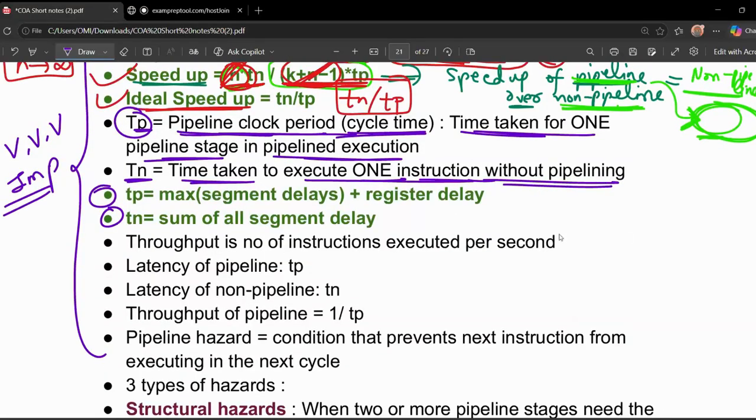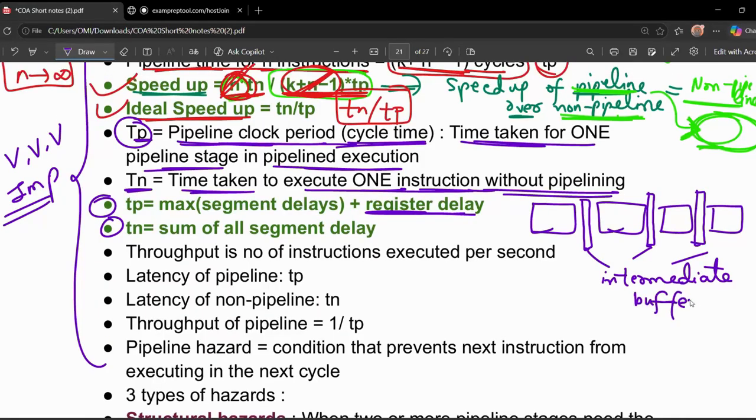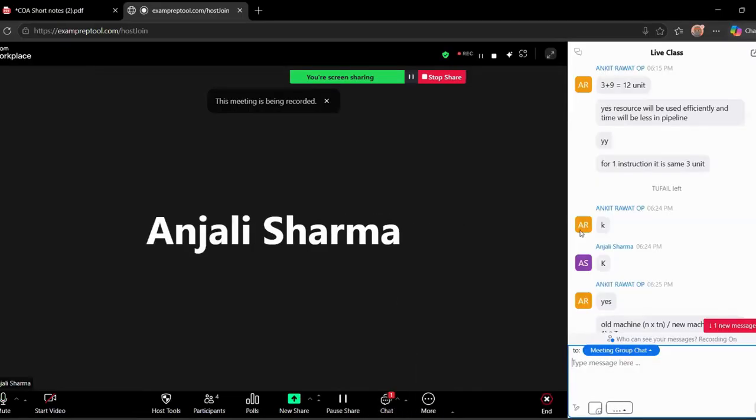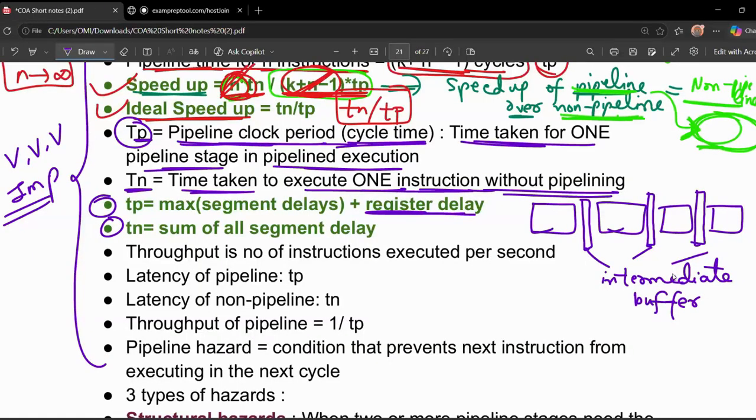For example, if these are the different stages, there is something called an intermediate buffer, which is used for storing the necessary information or computation required for other stages. So it is kind of a register only.